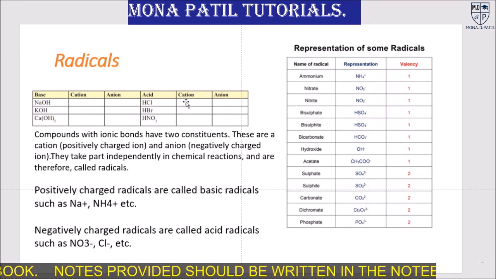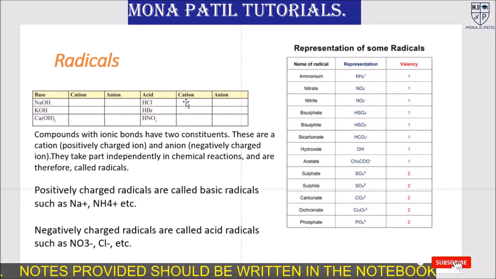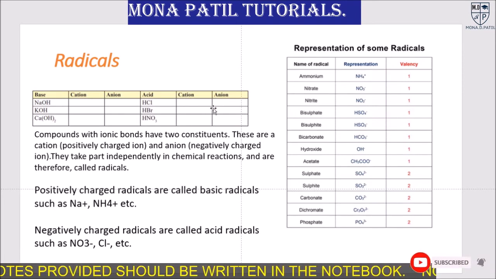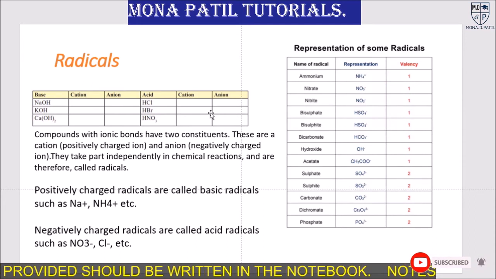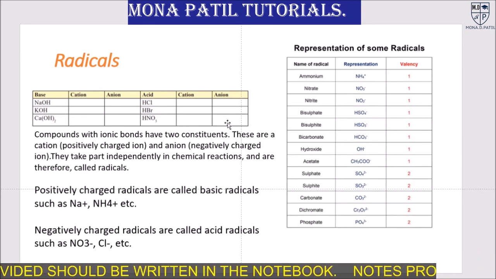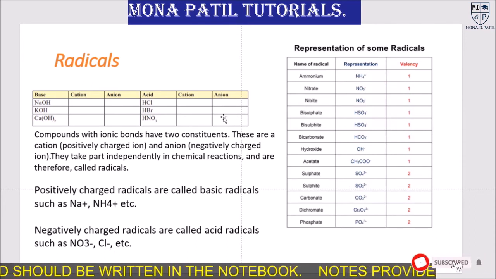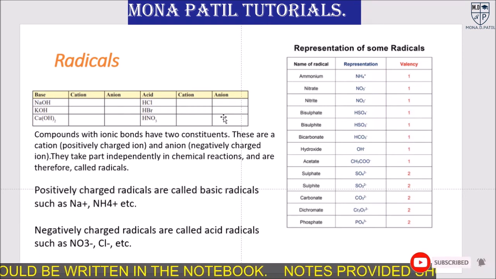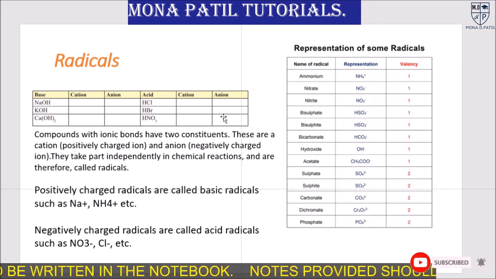Here you will see the cation will be H plus, Cl minus, H plus, Br minus, H plus, NO3 minus. So here the anion having the negative charge is called the acidic radical.